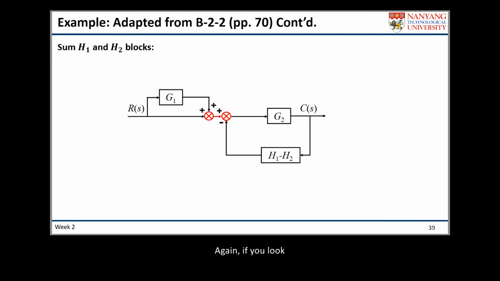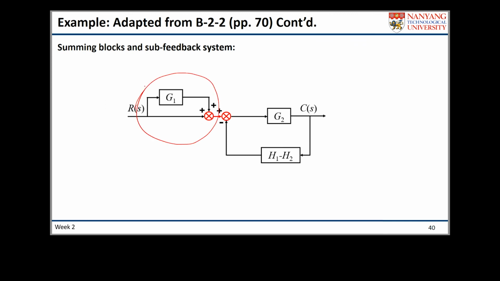Again, if you look at this point now, my complex block diagram looks simpler. And then what next? Next, you have the two branches. This branch, the first branch, is coming through block G1, and then I have to sum it with the second branch, where there is no transfer function on it.